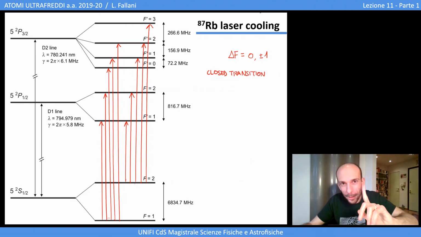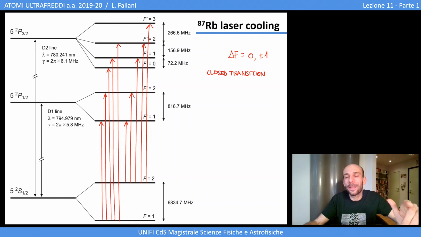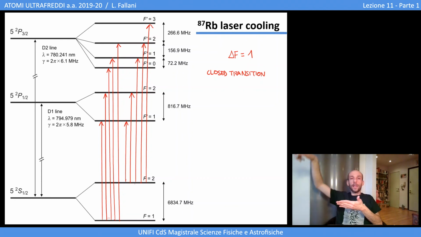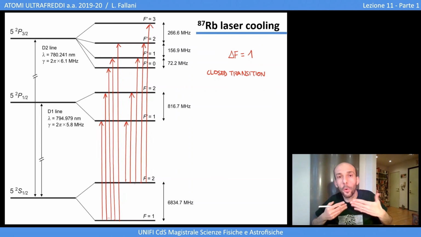And so we have already seen that transitions with delta F equal 1, so transitions which connect one state to a state with a higher value of F, are generally speaking closed transitions for every possible choice of the polarization of light.